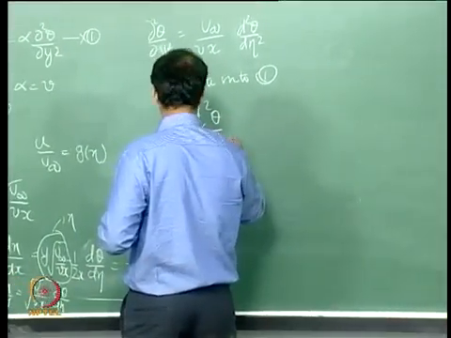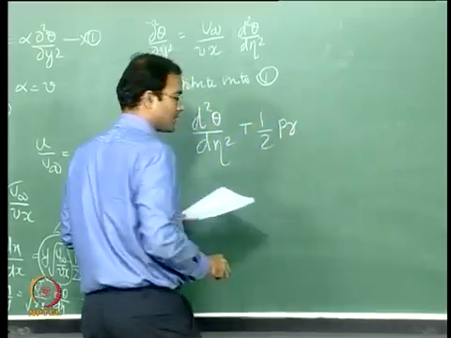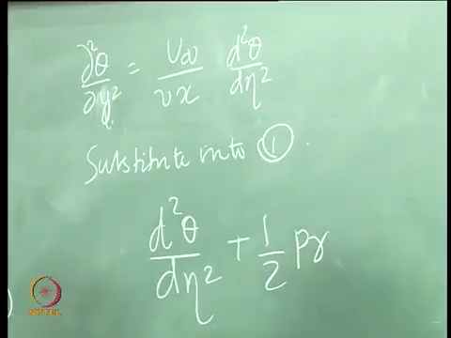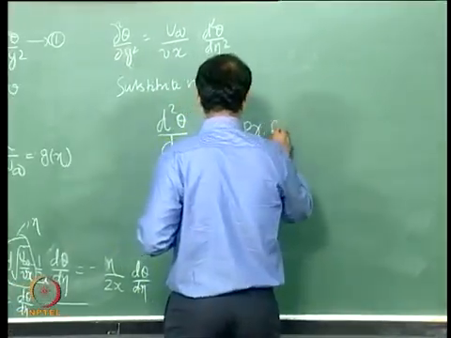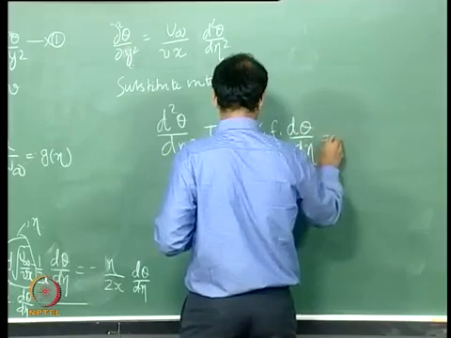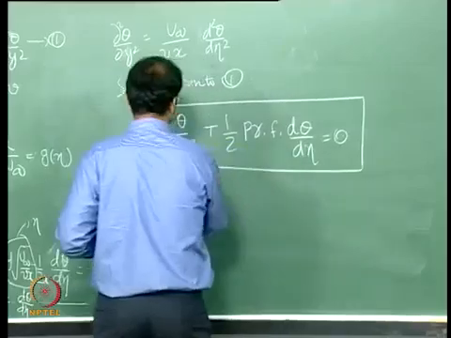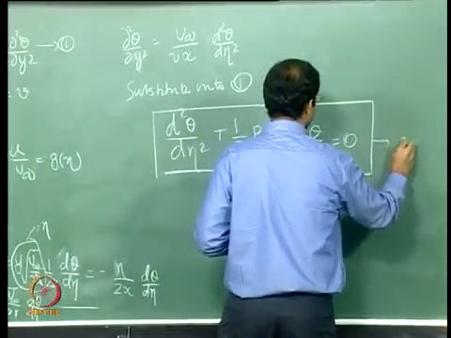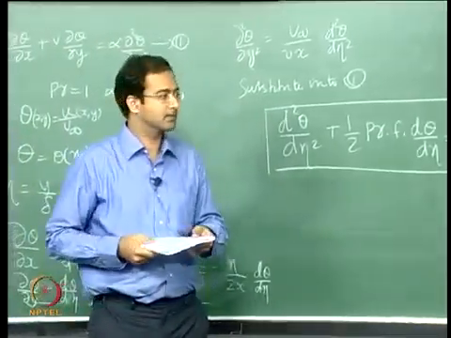Perfectly, all the other terms get cancelled off, so you get only a function of eta everywhere. There are no terms in x and y coming out, so therefore Pohlhausen's guess that theta should be a function of eta was absolutely correct. So this is the similarity solution that you can get for temperature.